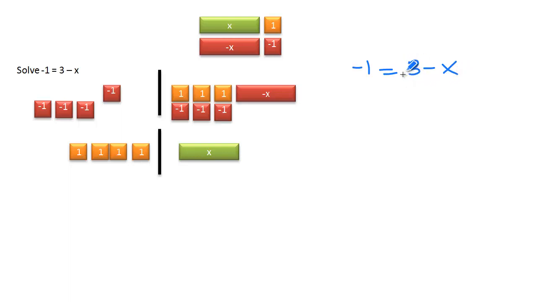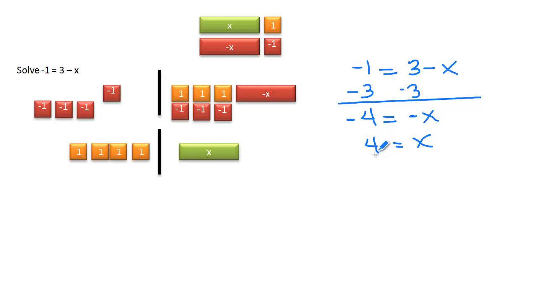It has a +3 next to it, so we'll subtract 3 from the right-hand side and subtract 3 from the left-hand side. -1 minus 3 is the same as a -1 plus a -3 for a total of a -4. And that's equal to not a positive x, but in this case a negative x. So if the opposite of x is equal to a -4, then x must be a positive 4.